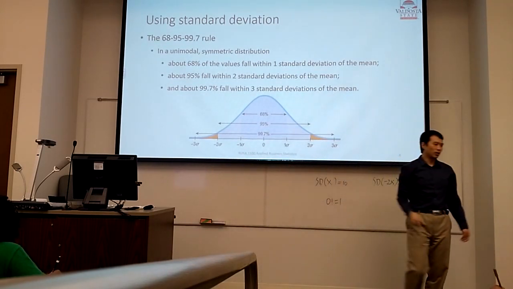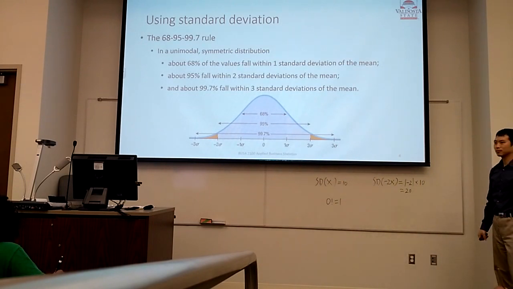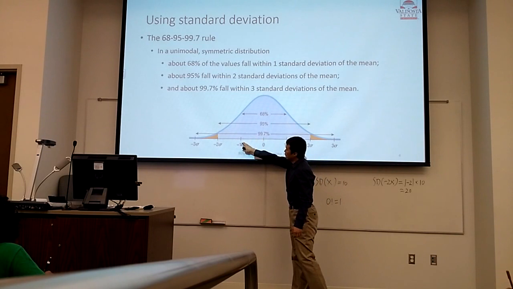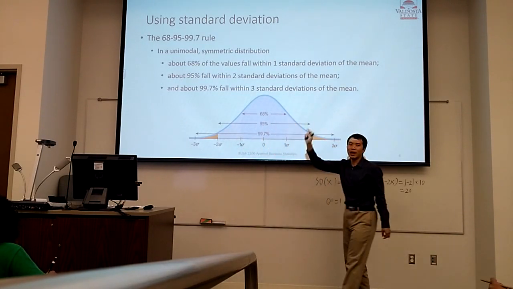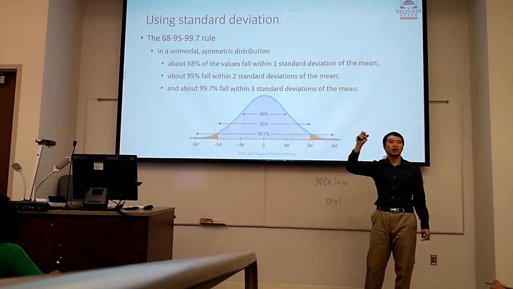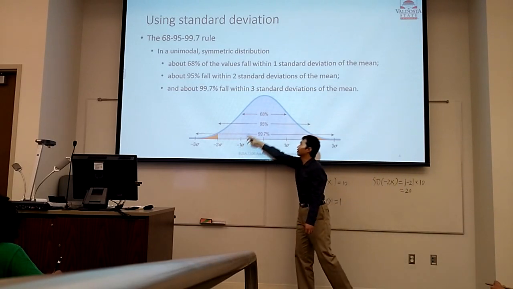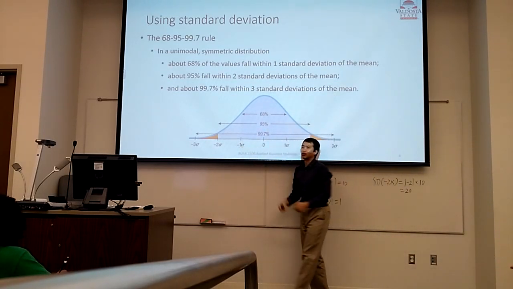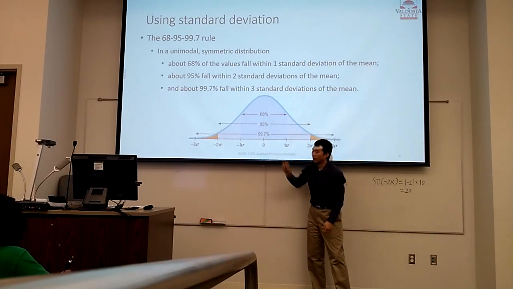So this rule is talking about: 68% of the area under this curve is within 1 standard deviation away from the mean.